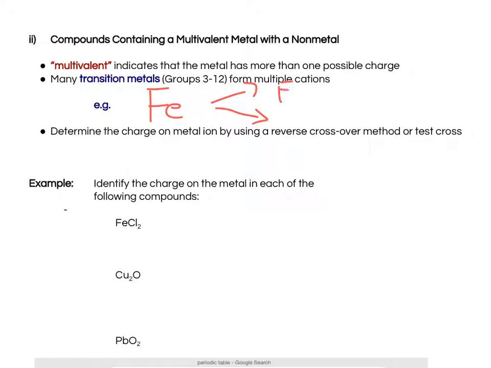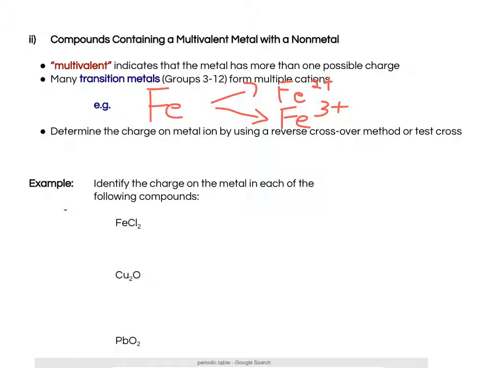It can form ions with a 2+, or compounds containing iron 2+, but it can also form ions containing iron 3+, and that makes a really big difference in terms of the chemical that results. The chemical that results will have different physical and chemical properties.